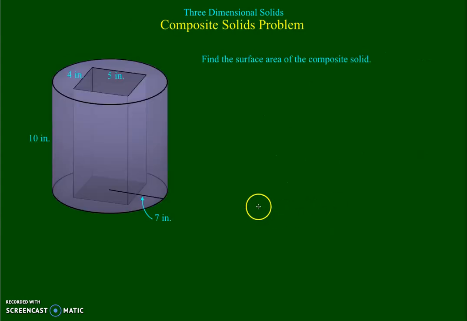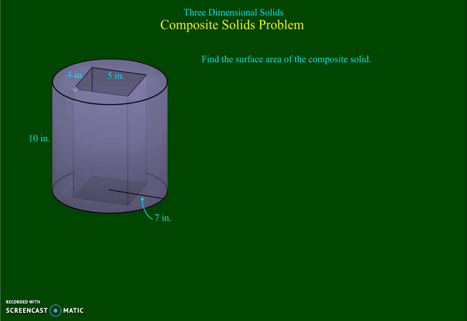In this example, we have a composite solid. The solid is made up of two pieces. We have a cylinder with a radius of 7 and a height of 10. And out of that cylinder, we've cut a rectangular hole with dimensions 5 by 4 inches.